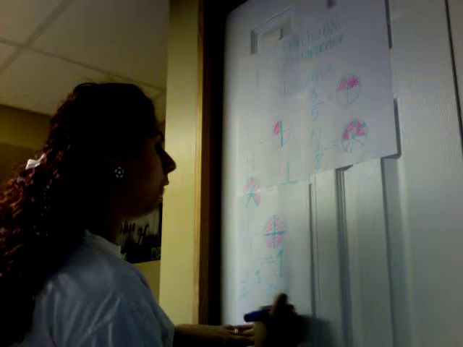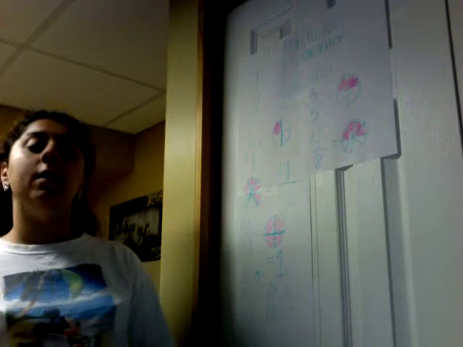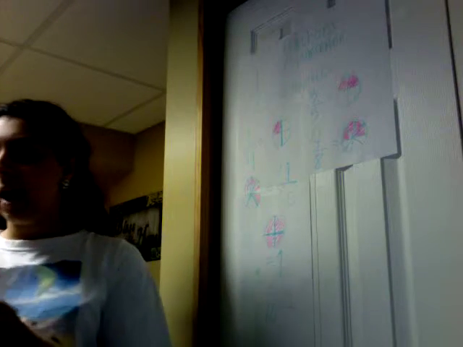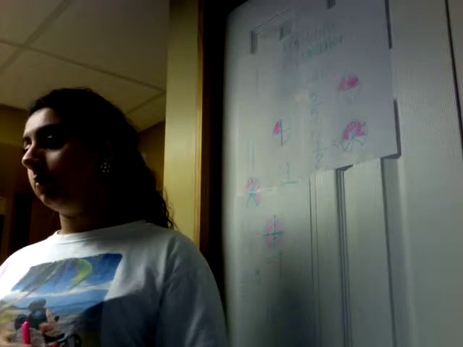Any number over itself is going to equal 1, because when you divide it into 10 pieces and you shade 10, that means the whole circle is shaded. Does anyone have any questions? Does everyone understand the role the numerator plays and the role the denominator plays?